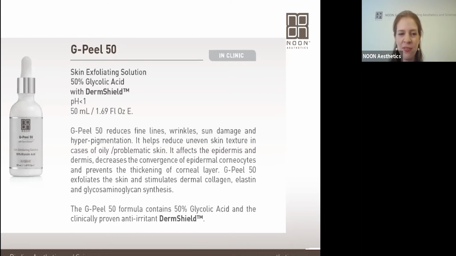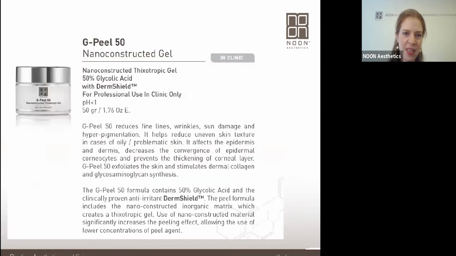And the G-Peel 50, as you see, you can use it on every kind of skin, even sensitive skin. If the client doesn't have sensitive skin, I can use the G-Peel 50 nano-constructed gel.